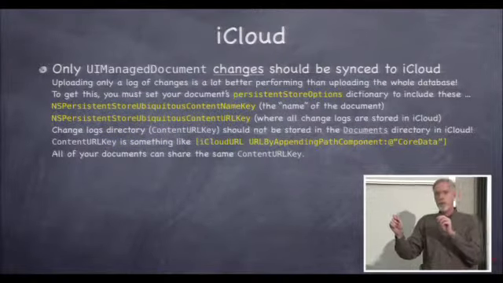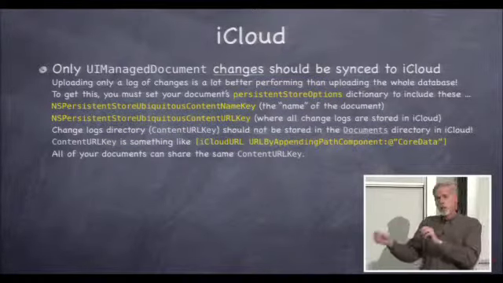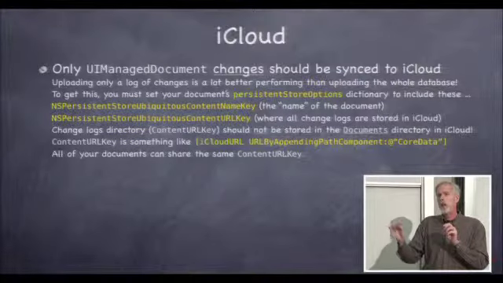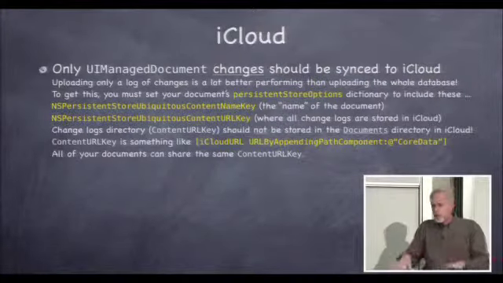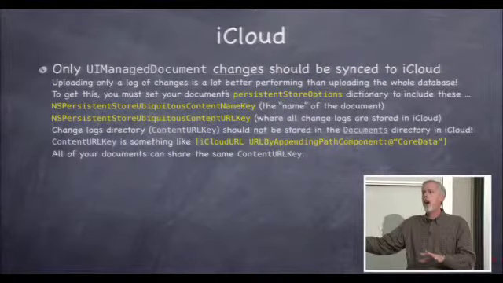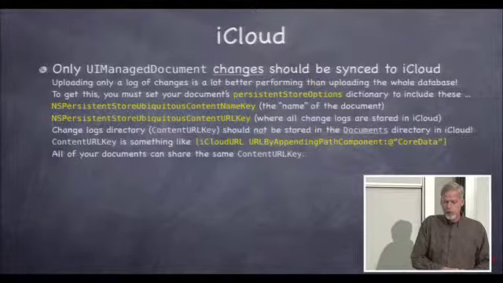The value for this key, which is a URL, can be the same for all your documents. It'll automatically divide up this directory so each document will have its own space. So this one doesn't have to be unique per document.